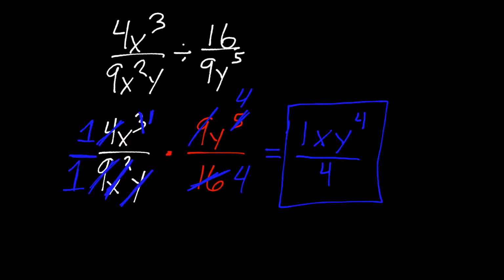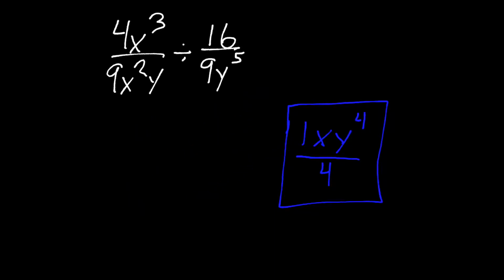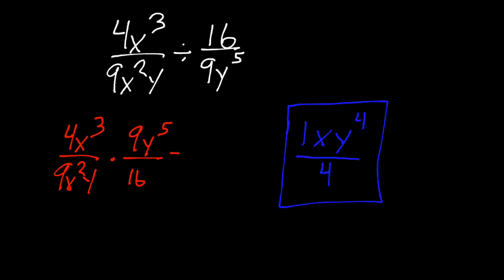Now, let's just play devil's advocate, and let's say that you didn't do it this way. Let's see how it would look if we had done just the straight multiplying, top times top and bottom times bottom. So 4x to the third over 9x squared y times 9y to the fifth over 16.